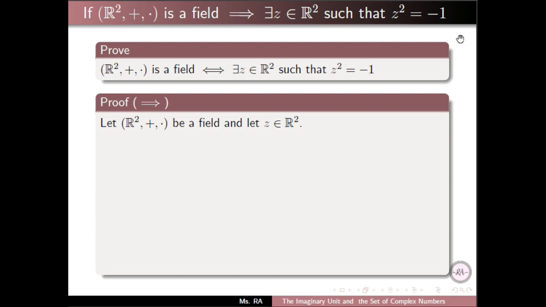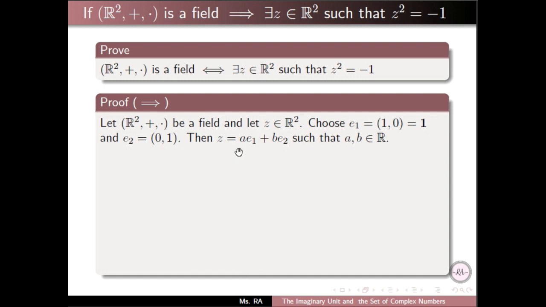So let this ordered triple be a field, and let z be an element of R squared. Since z is a vector, we can choose a basis and rewrite z as a linear combination of those basis vectors. So without loss of generality, we're gonna choose the standard basis vectors e sub 1 and e sub 2 and rewrite z as a linear combination of those standard basis vectors, such that a and b are elements of the set of real numbers.